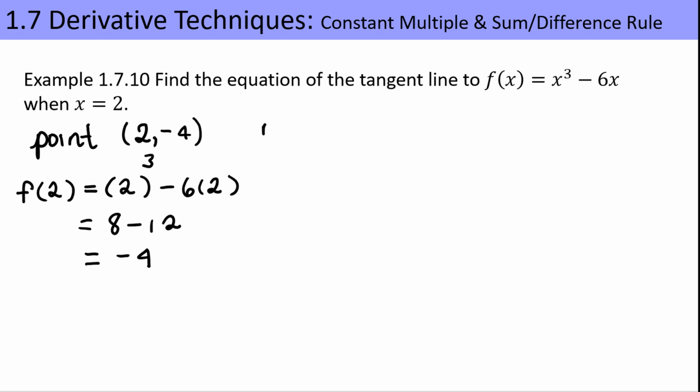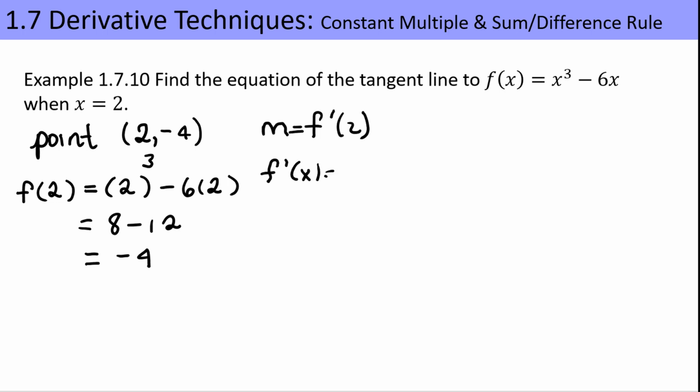In order to get the slope, we must first compute the derivative, so we say m is equal to the derivative f prime evaluated at 2. We must compute the derivative first and then we evaluate, so let's find the derivative.